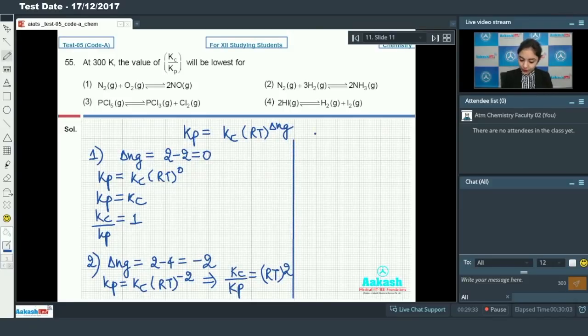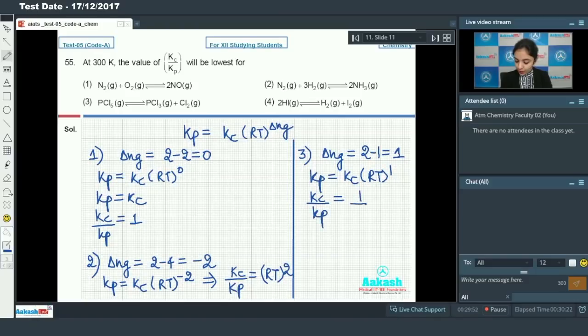And now you have the third equation in which Δng is equal to 2 minus 1, means 1. So here Kp will be equal to Kc (RT) to the power 1. So here Kc by Kp is equal to 1 by RT. Now you have the fourth equation in which Δng is equal to 2 minus 2, means 0.